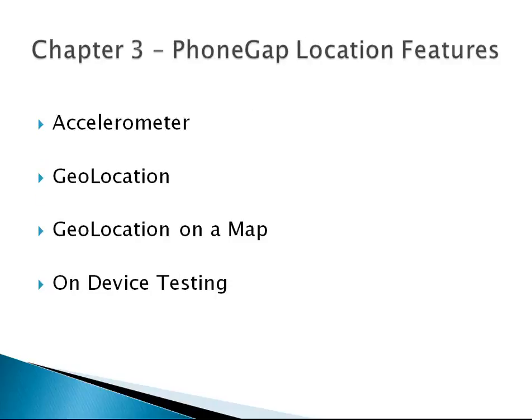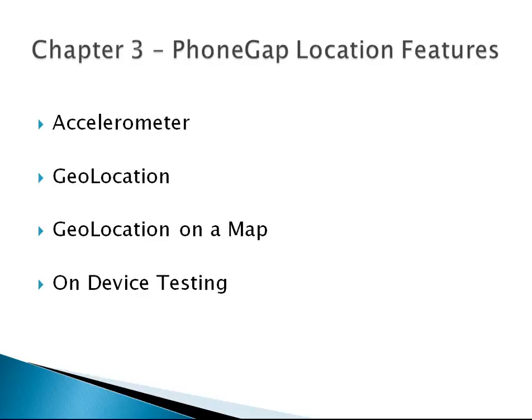Chapter 3, we'll look at some of the PhoneGap location APIs. We'll look at the accelerometer, which will show us the acceleration of the actual device, turning it and whatever, throwing it up in the air, whatever. It'll grab all those readings for us. And that's used mostly for game development, where you would tip the device to steer a car or something like that.